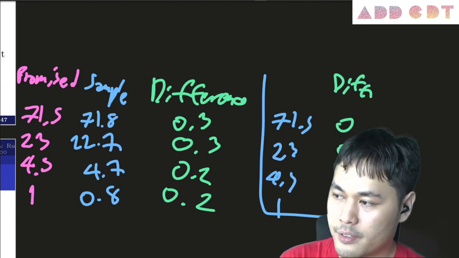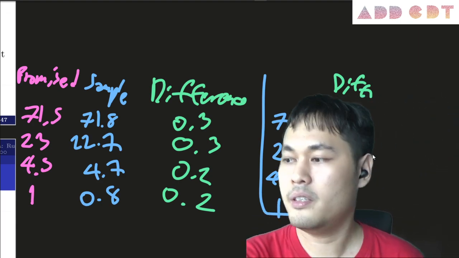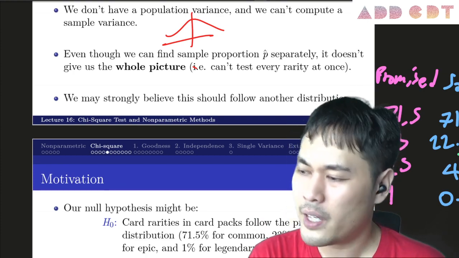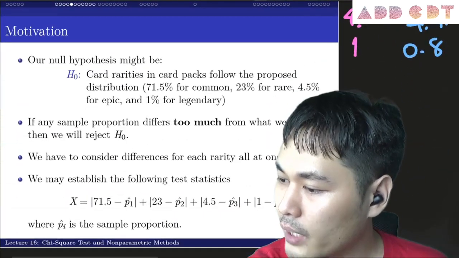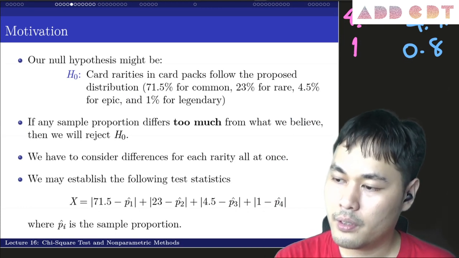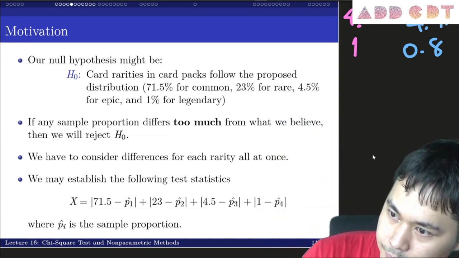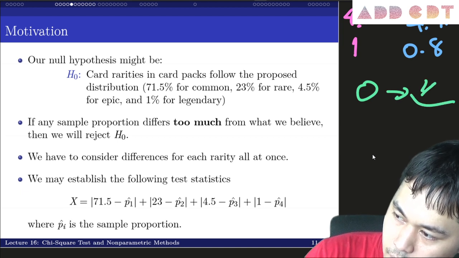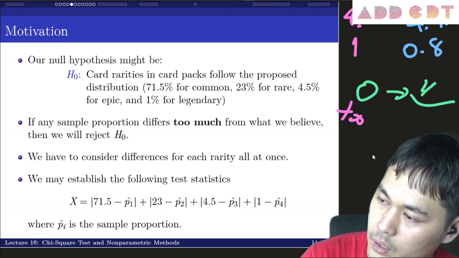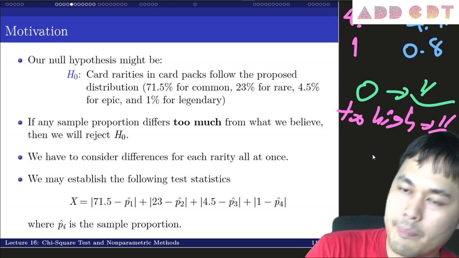If the sum of the differences is 0, then that means these two sets of values match exactly. So we will be happy to not reject if the result is 0. If it's 0, then we are happy. If it's too high, we will not be so happy.